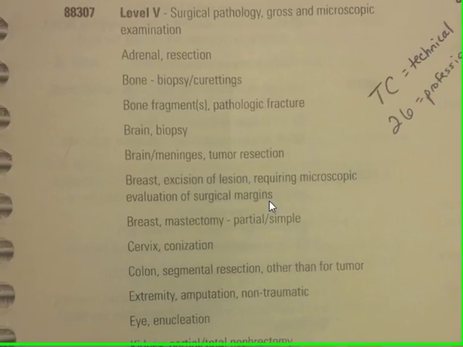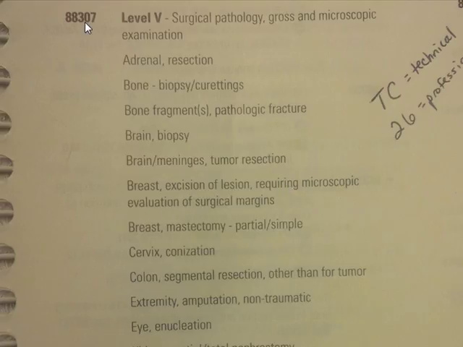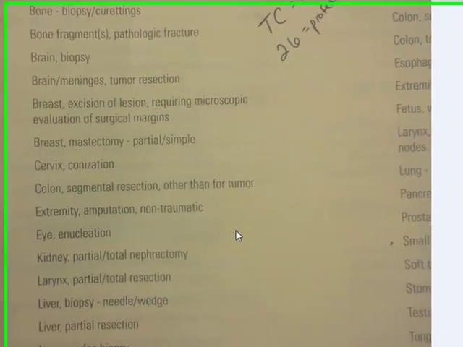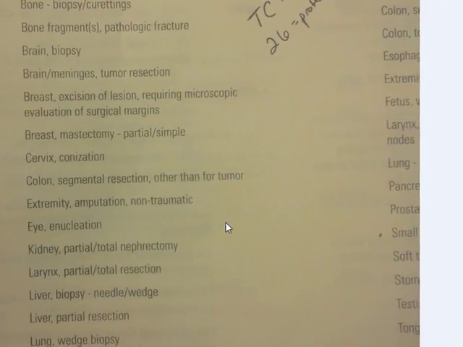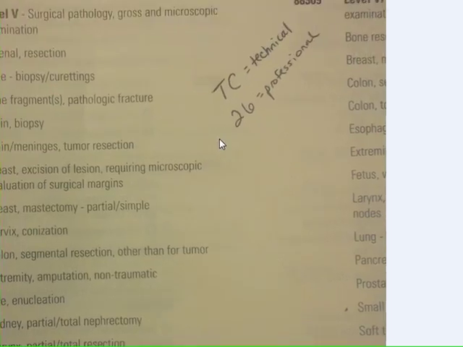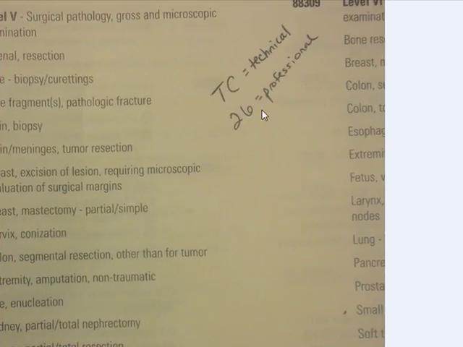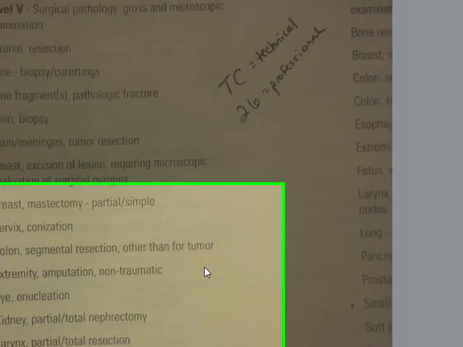So we're going to stick with our 88307 for this primary CPT code. And remember, what do we remember? Our modifier. We need to make sure that you don't forget to add that professional component modifier 26 because we're coding for the pathologist.